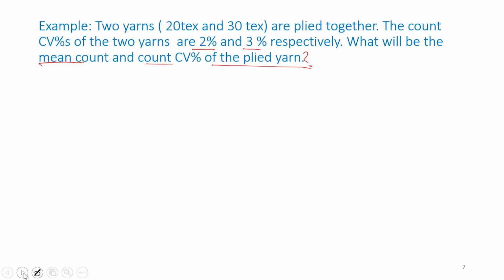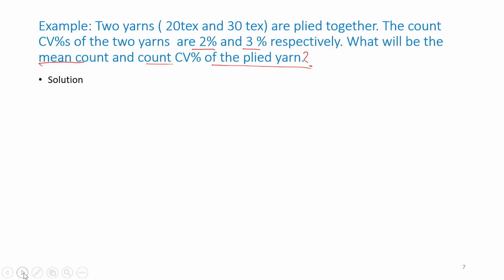Now here we are assuming that when they are plied together, there is no contraction or retraction. In the actual case, when you take two yarns and ply them together, there's a possibility of contraction and/or retraction or extension also, depending upon how much ply twist is given and in which direction in relation to the single yarn twist.